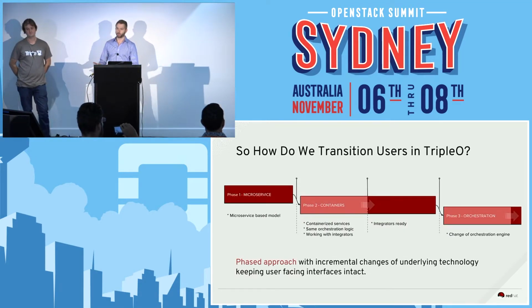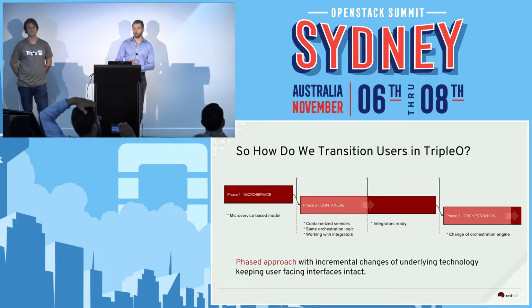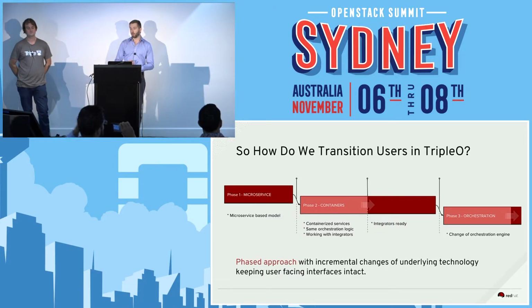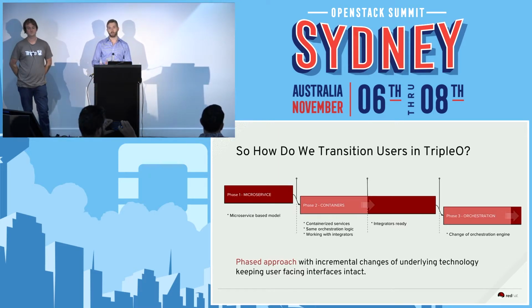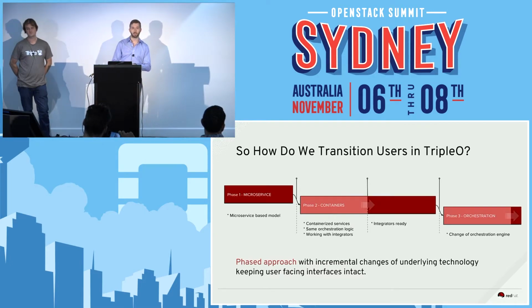Within the OOO project, we approach this with multiple phases and with incremental changes. We are trying to guide our users through this technology evolution. There are 3 phases. The first phase is to create a microservice environment to make every OpenStack service deployable, updatable, and upgradable independently of each other with their own scripts.